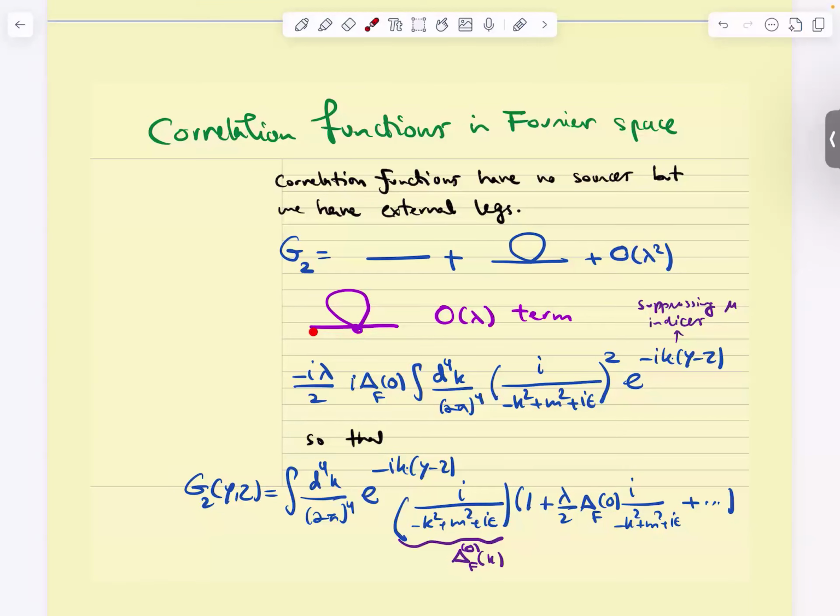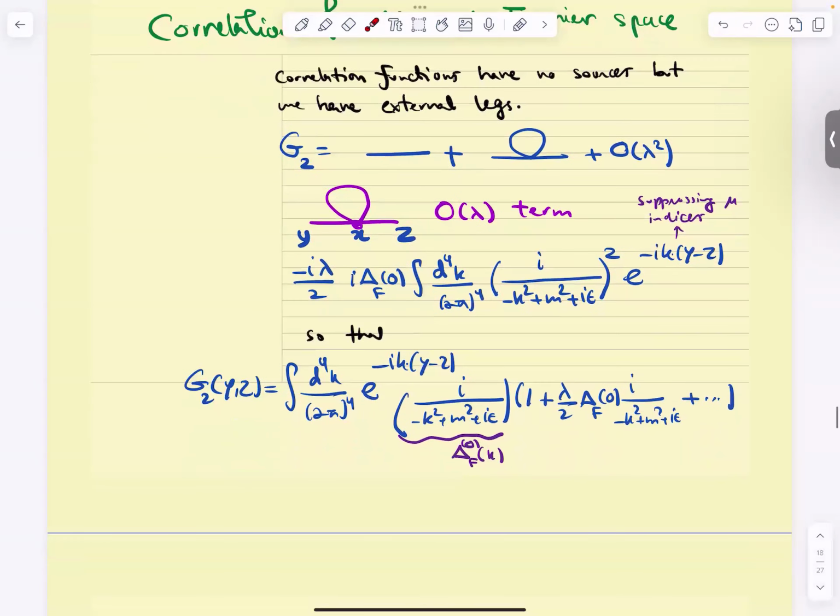Let me put the labels: this is x, this is y, this is z. One of them will have a Fourier transform with e to the power of i k (y minus x), and the other will have the Fourier transform with e to the power of minus i k (x minus z). So the x disappears and you're left with this guy alone. So what is this guy? This is the propagator in momentum space of the free theory.